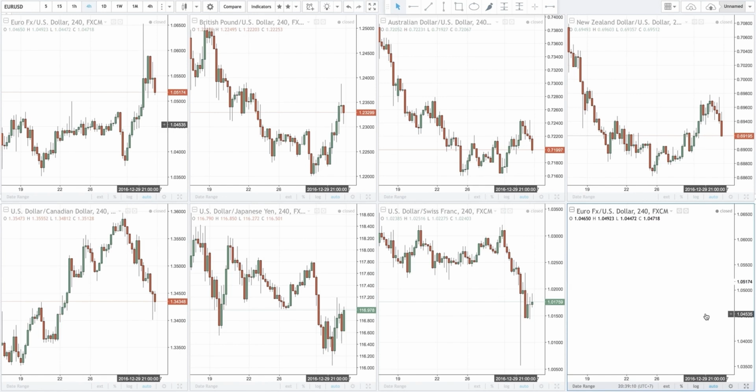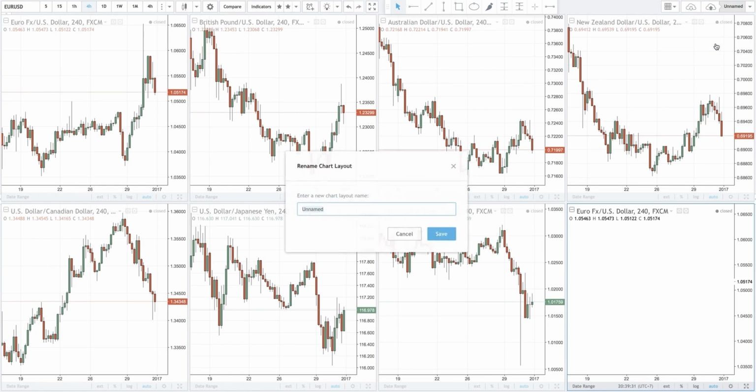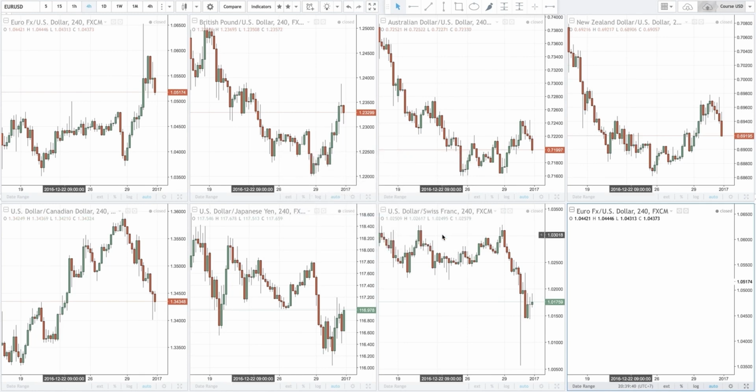If you're using MetaTrader, or some of the charts from the broker that they give you with the software, you can just set up these little boxes as you want for your charts. The key is to be able to look at the entire group for the US dollar at a glance. So I can rename this group. I'm going to call this course US dollar.